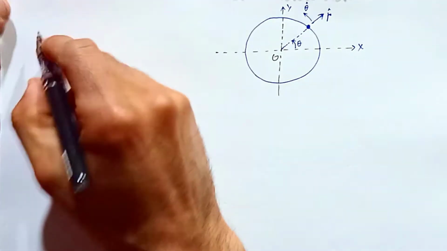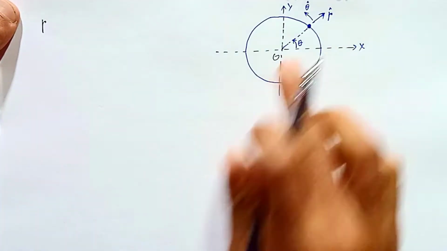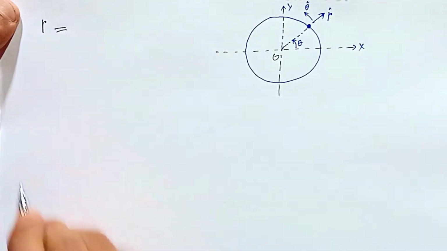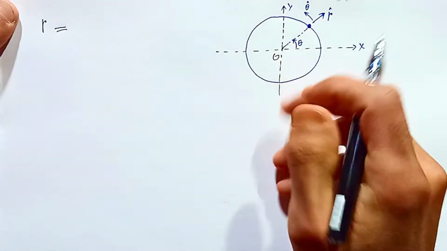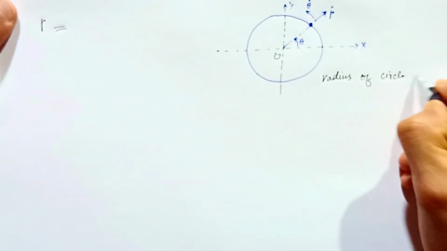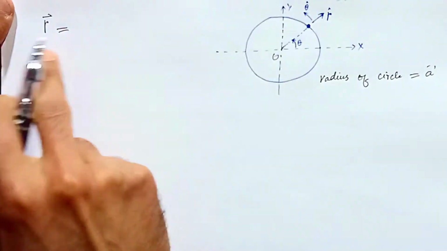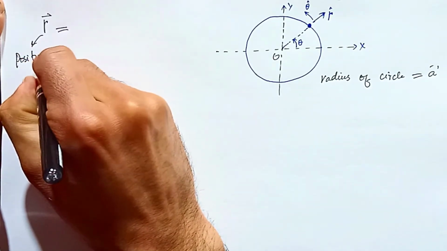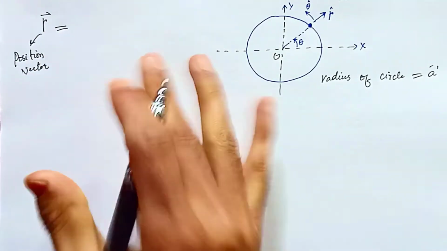We know, it is the basics actually, the position vector r for this particle which is moving along this circular path. Position vector r will be given as, say for example, from the center up to the circle, that is the radius of the circular path, say it is a. So r is the position vector, keep that in mind, which gives the position of the particle at any instant of time.